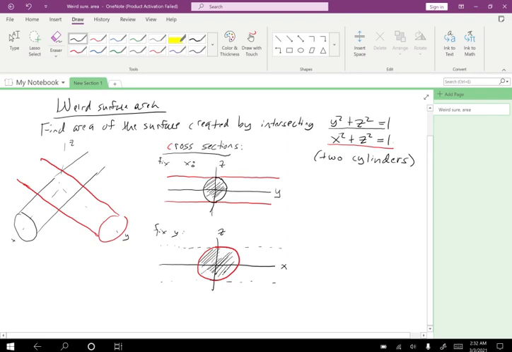So it's kind of sphere-like, but it has 4 corners. So again, it's very hard to draw just something like this, but that's kind of the idea. The cross section of the surface will look like spheres.